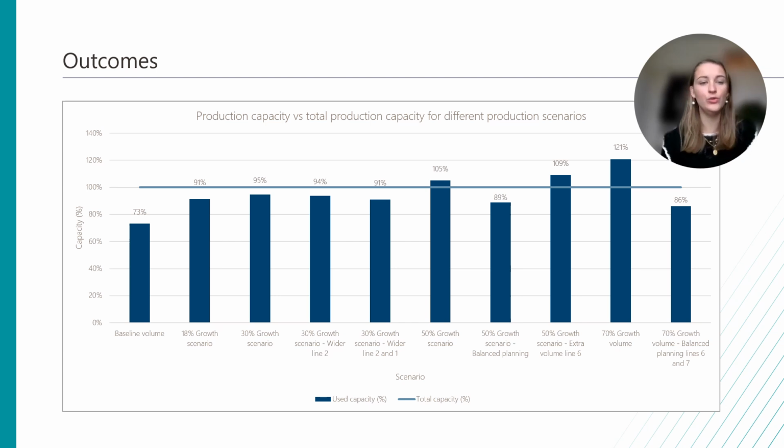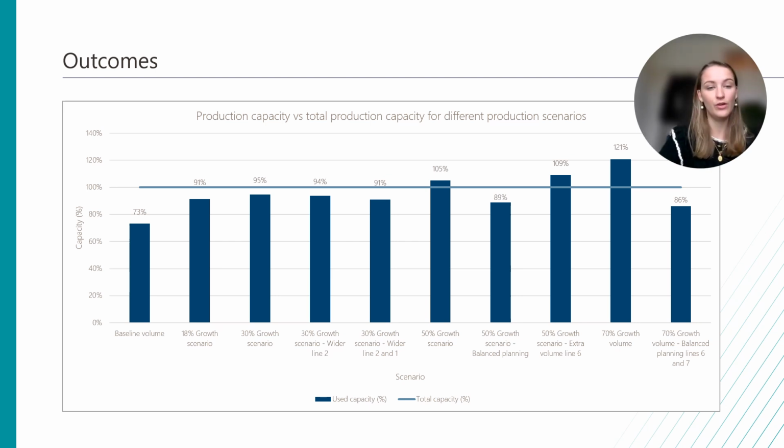So what do we see here? So this is the outcome of the different scenarios we did run. On the left side is the baseline scenario. So this is the as-is scenario. So they were currently operating on 73% of their capacity.